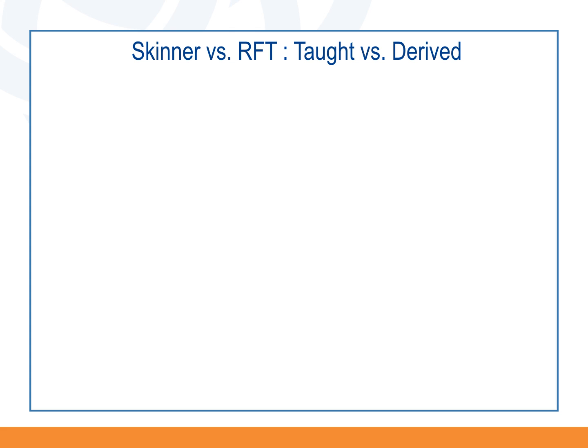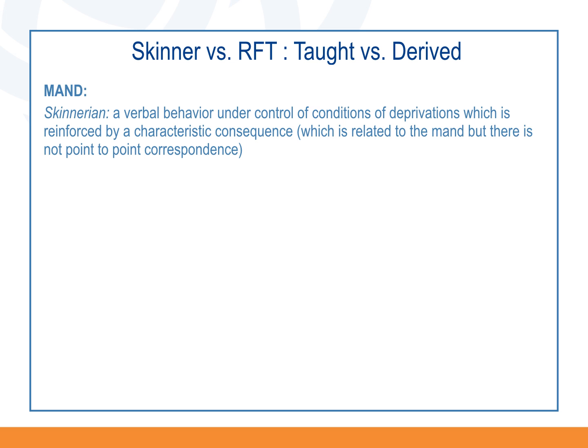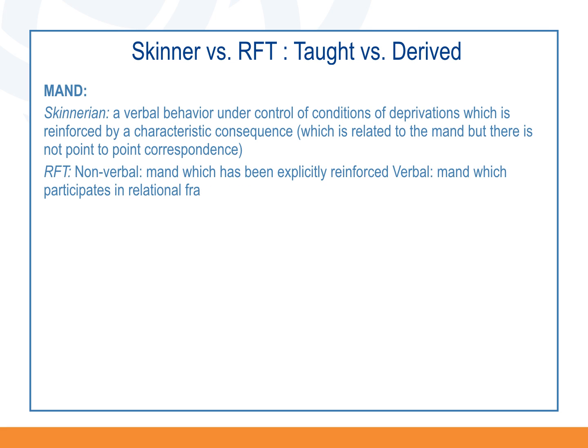Let's look at Skinner's definitions versus RFT's, and at what has to be taught versus what is derived. For the mand, Skinner said it's verbal behavior under control of conditions of deprivation, which is reinforced by a characteristic consequence related to the mand but does not have that point-to-point correspondence.